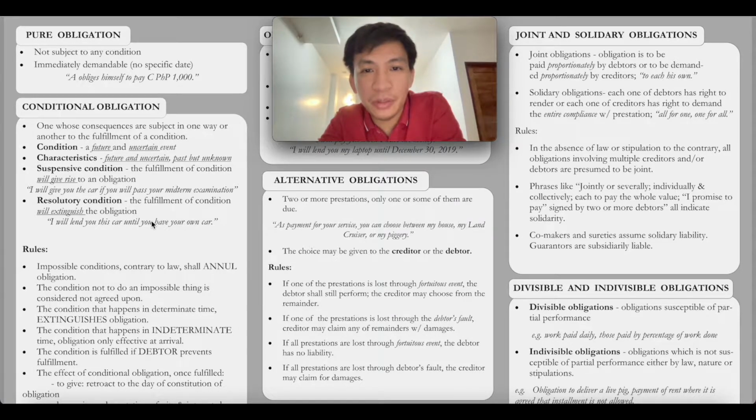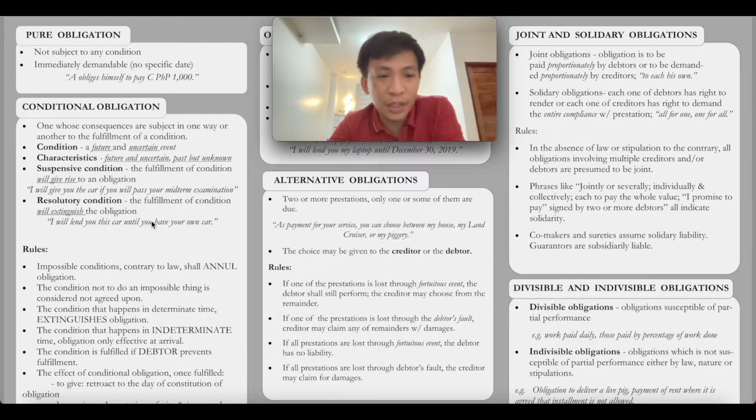Question, what will happen to the obligation? Well, hindi na mangyayari ever yung condition. So that in itself extinguishes yung obligation. In fact, it becomes an impossible condition already. Okay? So wala na, extinguish na yung obligation. Ma-annul yung obligation.